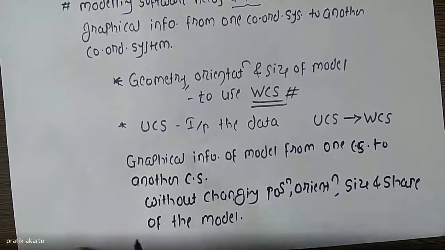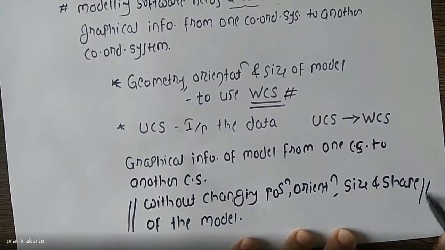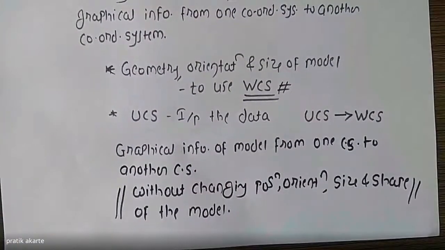This last sentence is what distinguishes geometric transformation. In geometric transformation, we have done all these things: we changed the position, translation; we changed the orientation, rotation; we changed the size and shape, scaling. Here in geometric mapping, nothing will happen to the model.